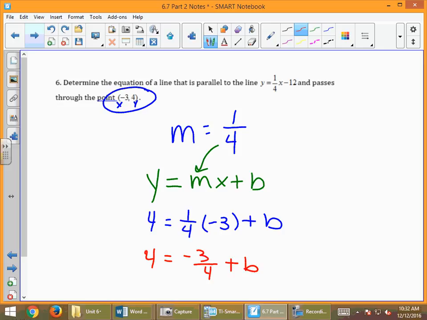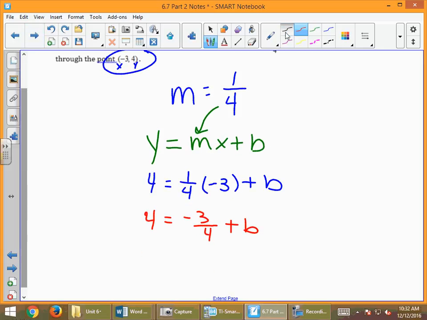Plus b. Alright. How do we solve for b? Well, how are we going to move this over? How do we solve for b? Negative 3/4 is negative. Yeah? Very good. You add it to both sides.